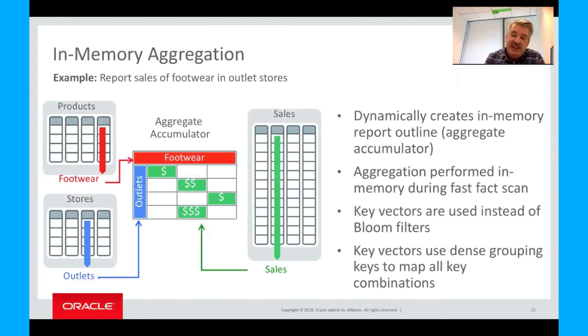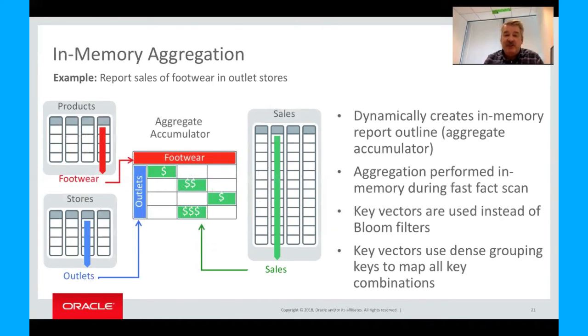Essentially, think of it as a multi-dimensional spreadsheet, in this case two-dimensional, where as we scan the sales table, joining the products and stores tables, this time with key vectors rather than Bloom filters, and applying those filters along with any other filter predicates, we can actually do the aggregation at the same time.